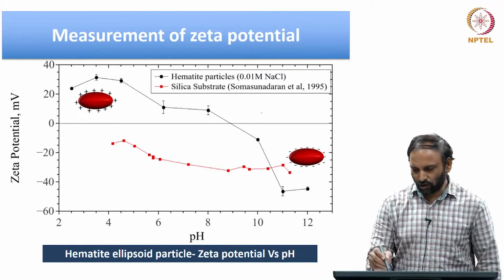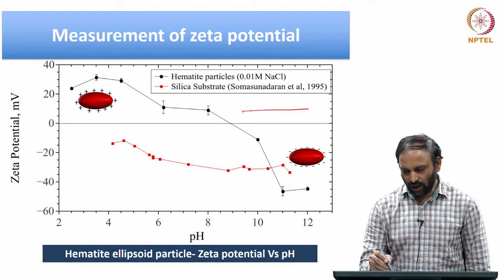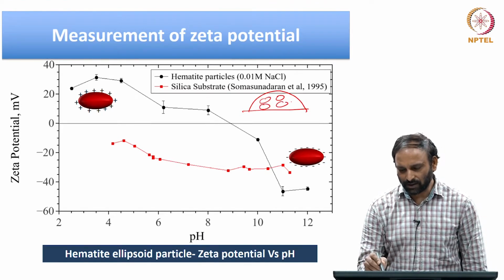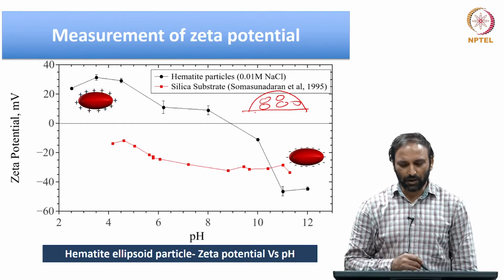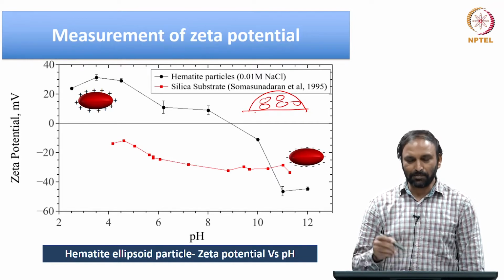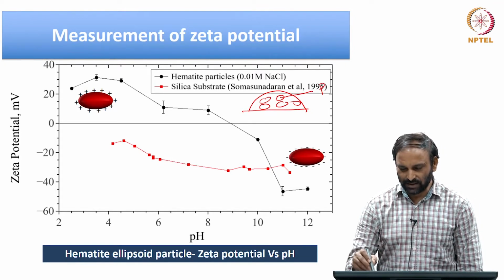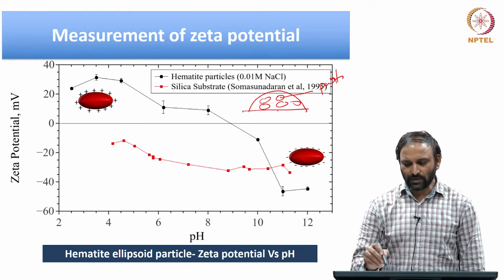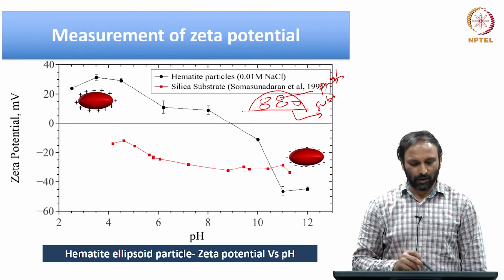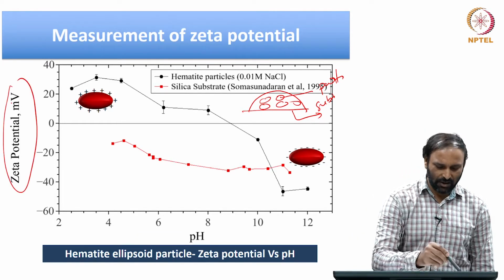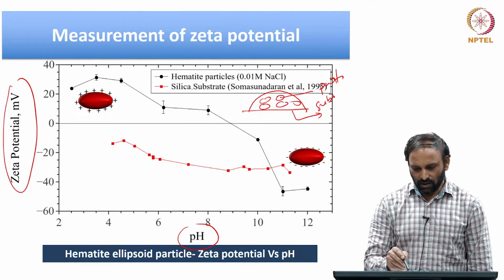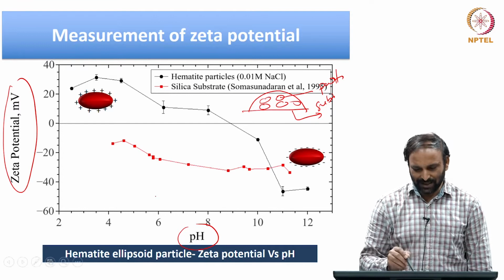So, if we look at the configuration that we had here, that is, you had a substrate in which you had particles. In such an example, what is important is the zeta potential of both the dispersed species, that is the particles in this case, as well as the zeta potential of the substrate. What is plotted here is zeta potential as a function of pH, and like we discussed earlier, the substrate that is being used is silica surface.